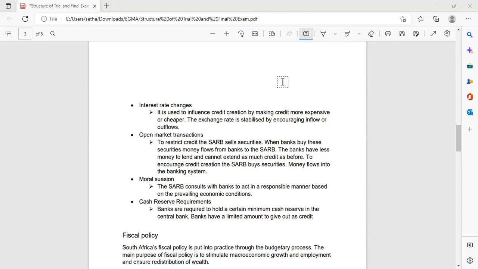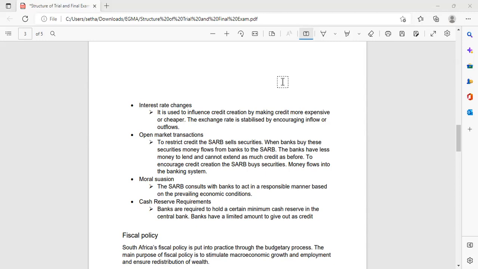So if the South African Reserve Bank reduces the repo rate, the banks will also reduce the prime rate, which will make loans cheaper, therefore increasing the demand for loans.